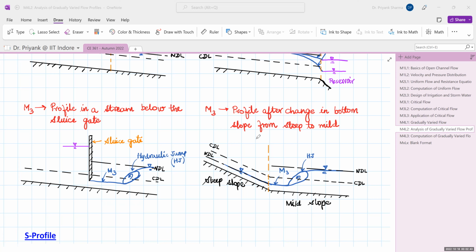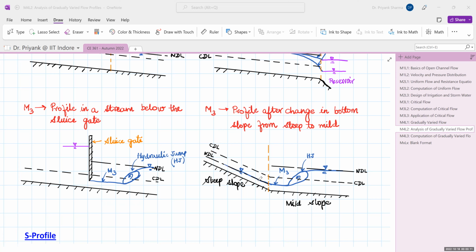Another case where an M3 profile is formed is where there is a change in the bottom slope from steep to mild slope. So this is a steep slope channel, and at a section after that it becomes a mild slope channel. In a steep slope channel, your CDL would be above NDL, and in a mild slope channel, your NDL would be above the CDL. So just as I told, joining the NDL line, your NDL line is here, and one NDL line is here.